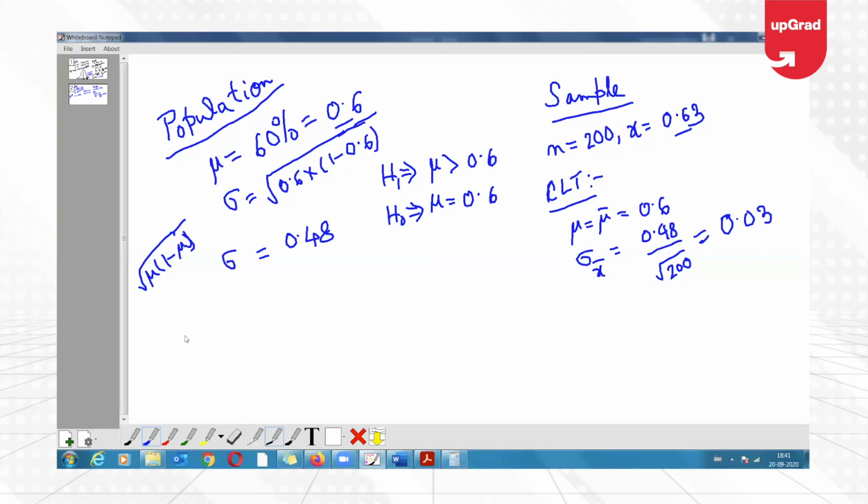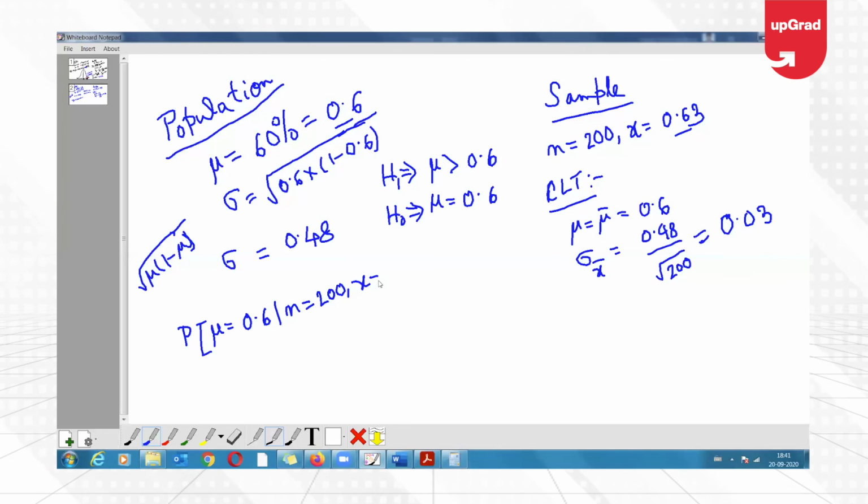Now what do I want to find? The probability of mu equal to 0.6 given n equals 200, x bar equals 0.63.